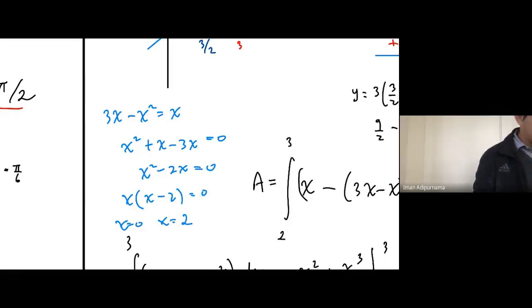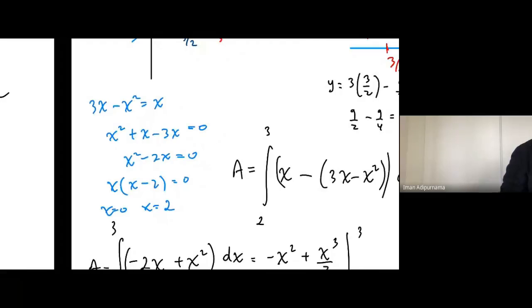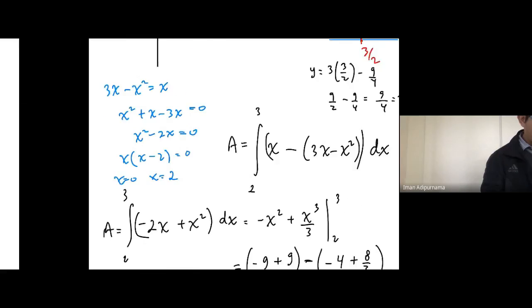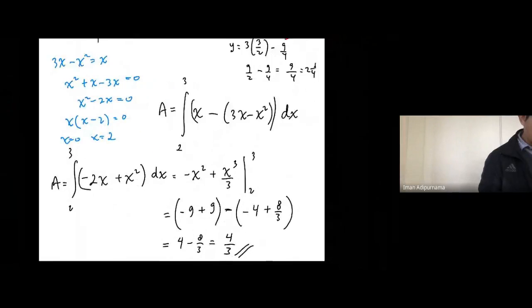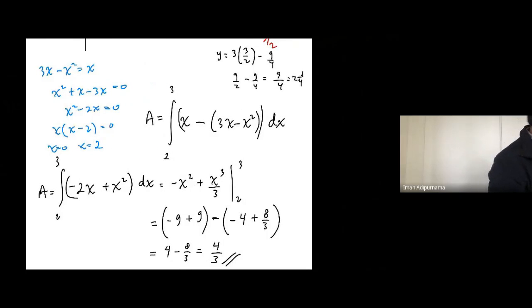And then the area will be the integration from 2 to 3. And the above equation is just y equal x minus the parabola curve. And you can solve it, and you get the answer 4/3.